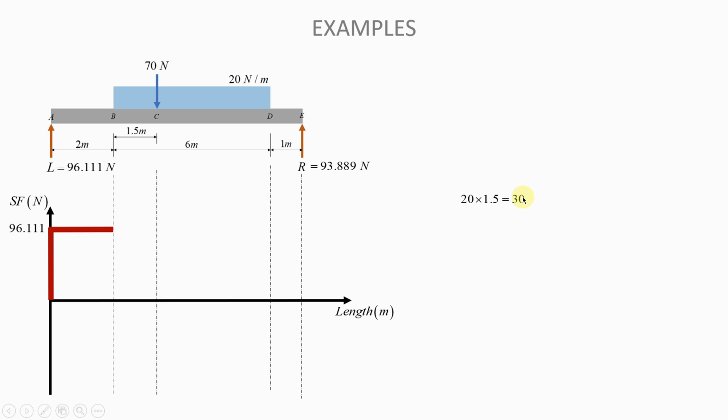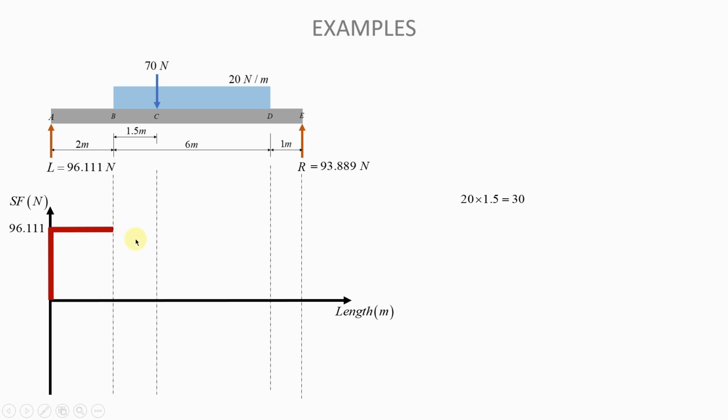Okay, so 30 newtons is the force that is equivalent to that first segment of the UDL. And so what does that mean? That means that we are here at 96.111. For that first segment of the UDL, we will go down by 30.